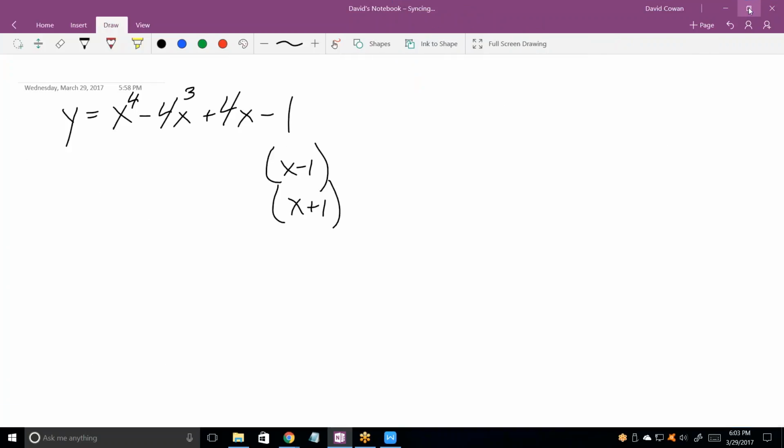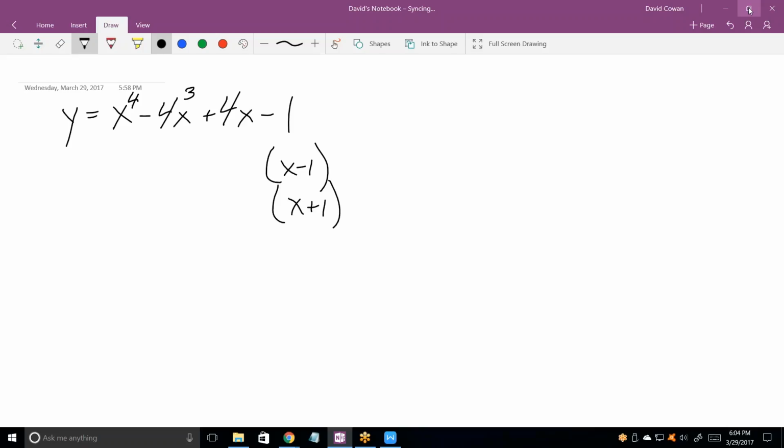Because I know that I can synthetically divide this by my first solution, 1, and then I can synthetically divide that by my second solution, minus 1, and then I'm going to be left with a quadratic, which I can then use the quadratic formula on.